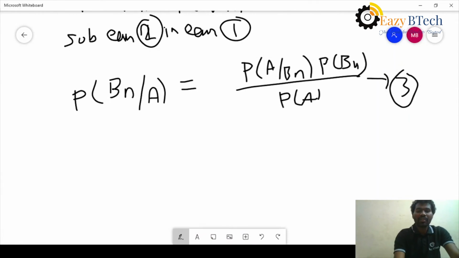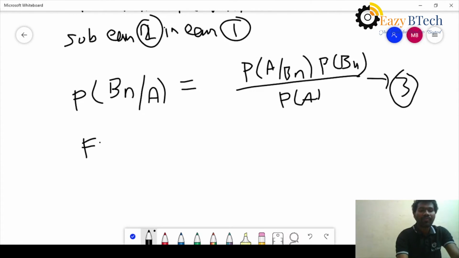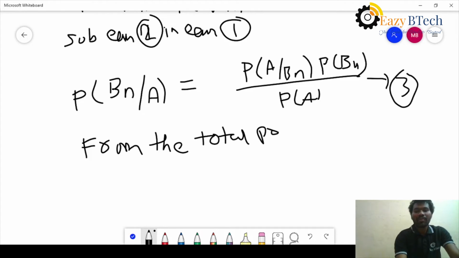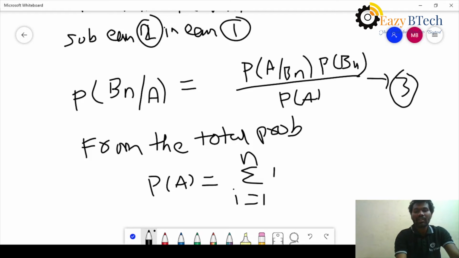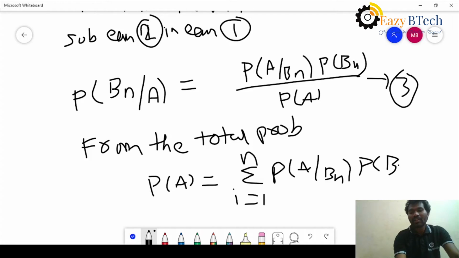But we already know from the total probability that P of A can be written as summation, sigma i equal to 1 to n, of P of A given Bn into P of Bn. This is from total probability. Let us call this equation 4.